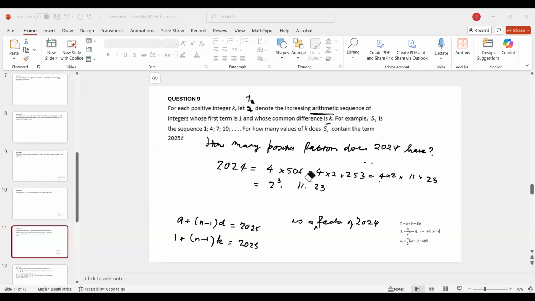And the question was, how many factors does 2024 have? There's a formula for that. You have to write it as a product of prime powers, as we have here. 2, 11, and 23 are prime numbers. You add 1 to each exponent.